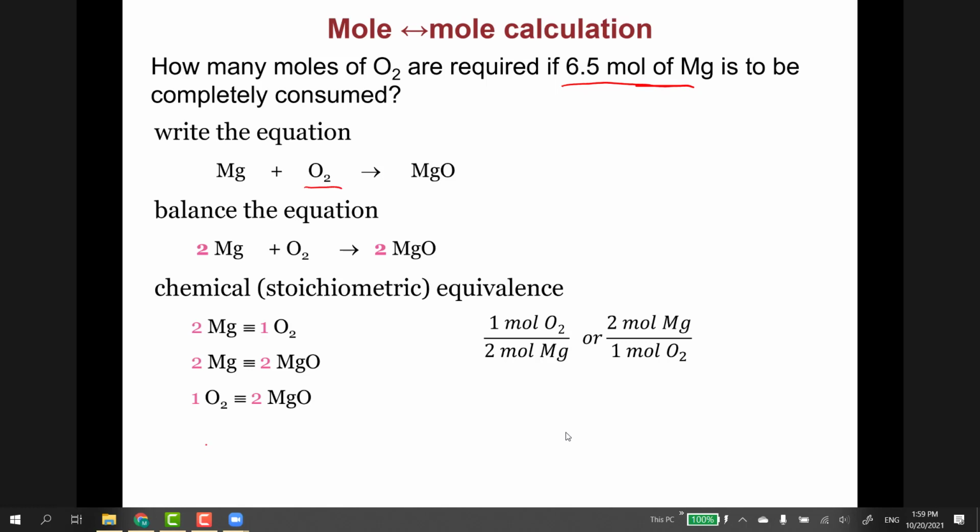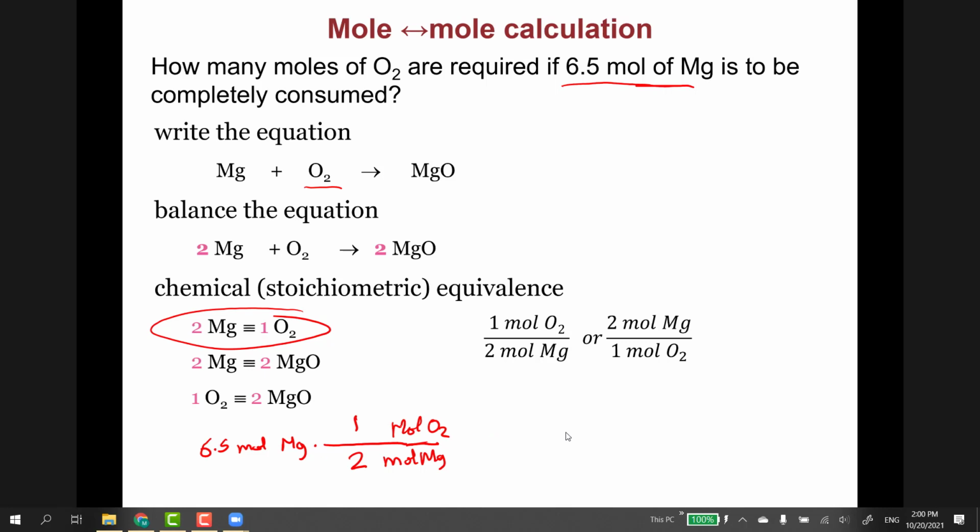So we start with 6.5 moles of magnesium, and then we need a conversion factor from the balanced coefficient equivalencies that converts moles of magnesium to moles of oxygen, which is this one right here, which says that 2 moles of magnesium is equivalent to 1 mole of oxygen.